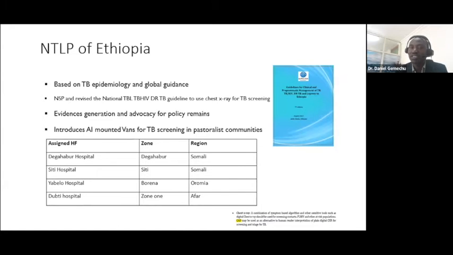So the country introduced mobile vans to the pastoralist communities of 4 regions. As you can see, there are 2 in Somali region, 1 in Oromia, and 1 in Afar. These 4 vans are dispatched to the communities to start using AI for TB screening. Next.